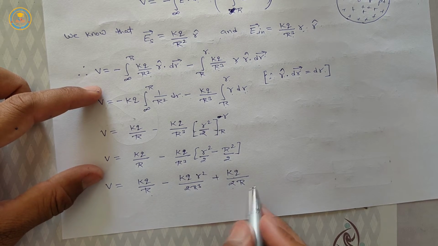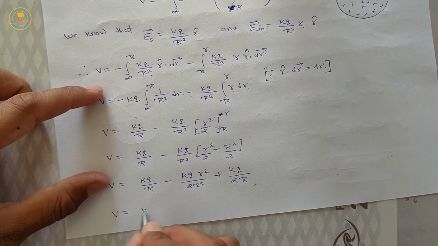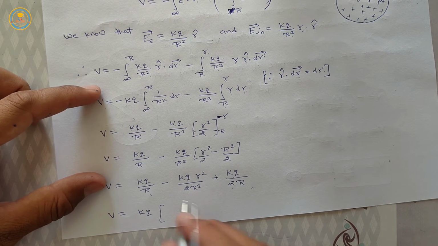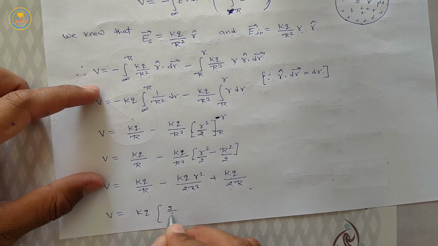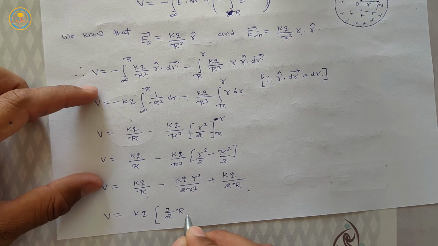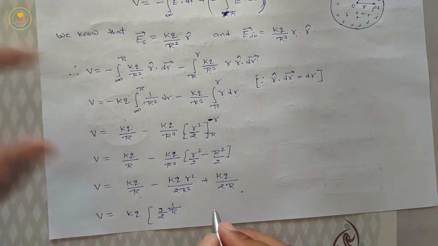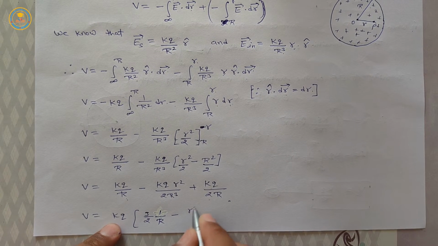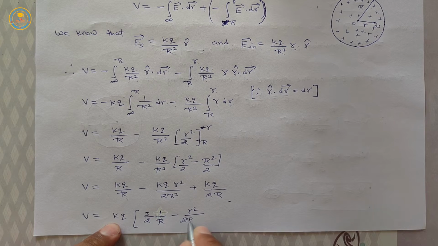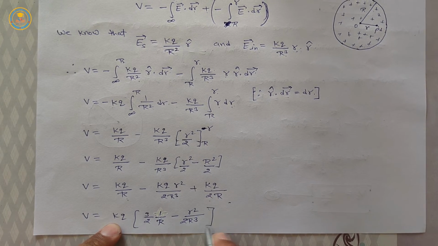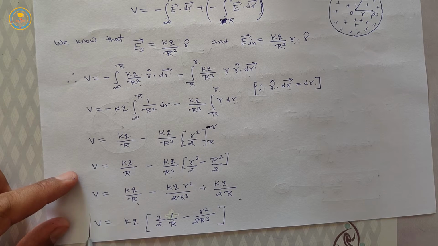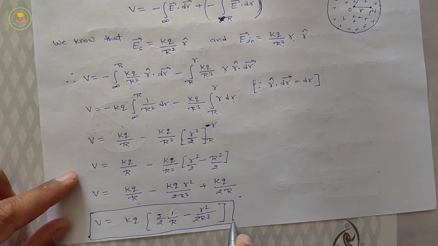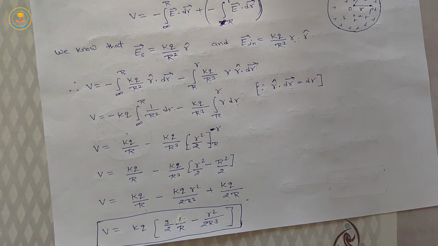If we add these terms, then we get V is equal to kq times (1 upon R plus 1 upon 2R), which equals 3 upon 2 times 1 upon R, minus r square upon 2R cube. Okay, this is the expression for electric potential at an inner point of a non-conducting sphere.